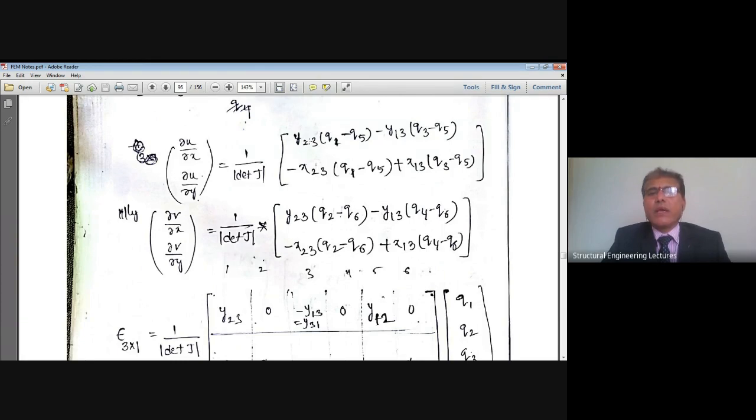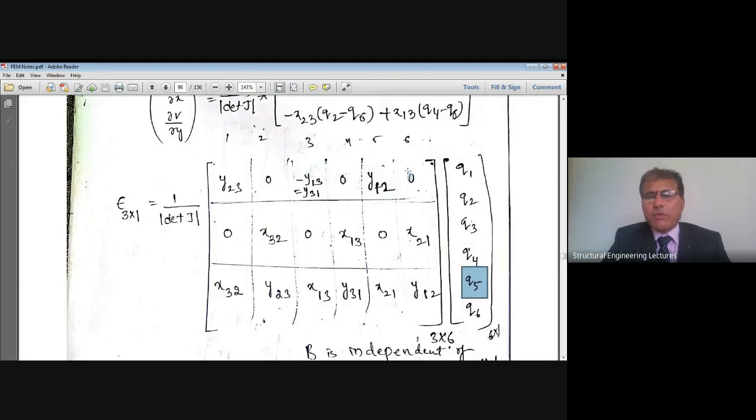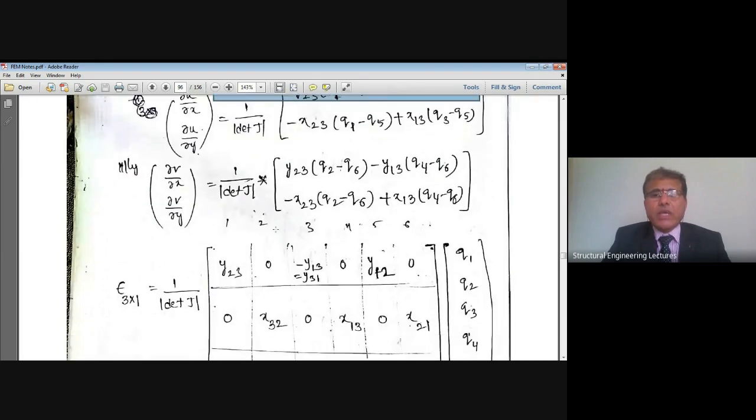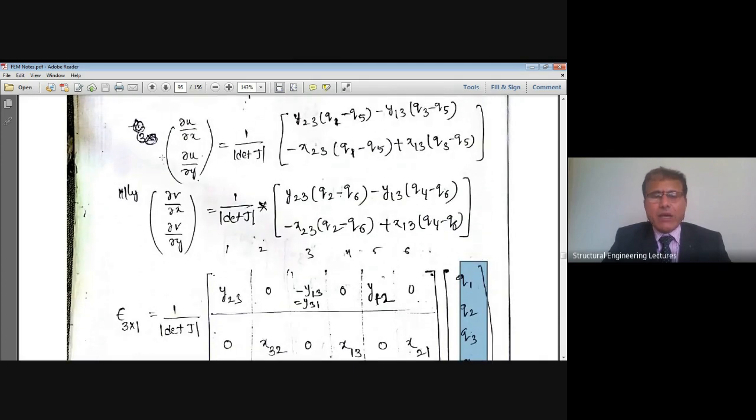Minus y23 means y32, plus y13, that gives y12 operated upon q5, 0 multiplied by q6. That is how I'll put this first equation as the first row in this 3 by 6 matrix operated upon the 6 by 1 matrix. Then you'll get the direct strain along x direction.